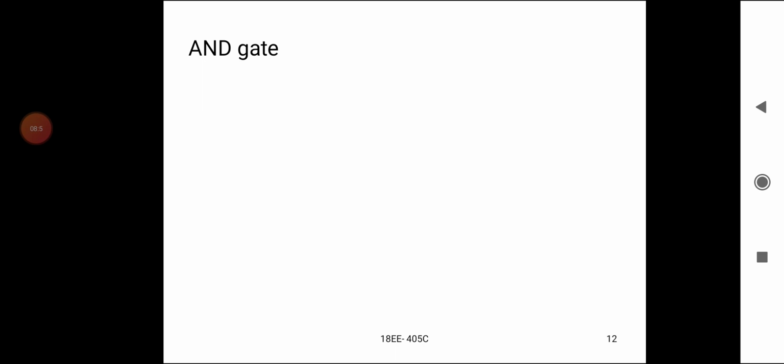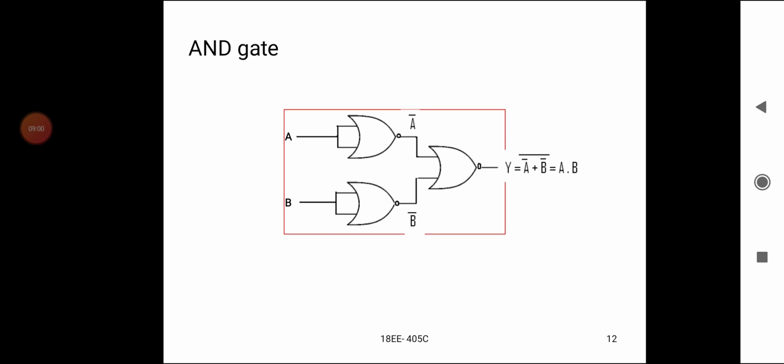AND gate is a 3-stage operation. If you give the A input to one NOR gate, it generates the complement, an inversion operation or inverter. Similarly for B, it generates inversion, B complement. These 2 inputs are given to the next NOR gate.